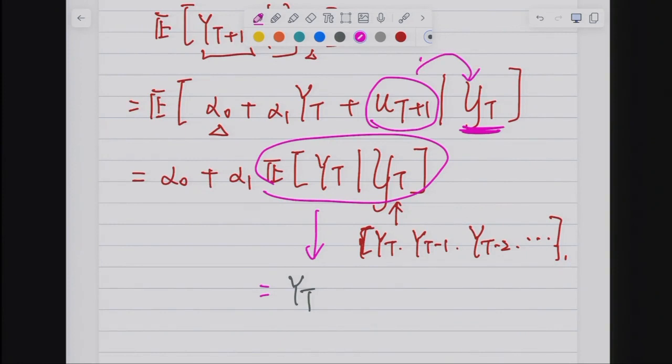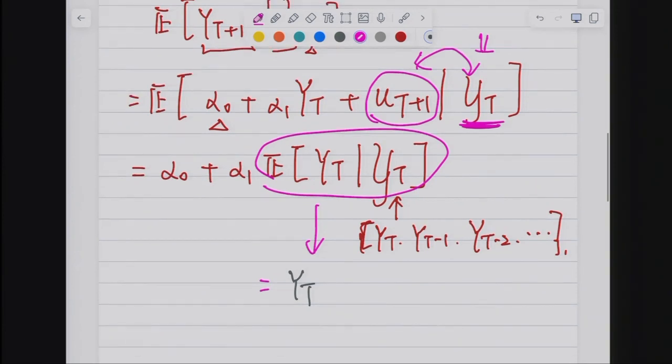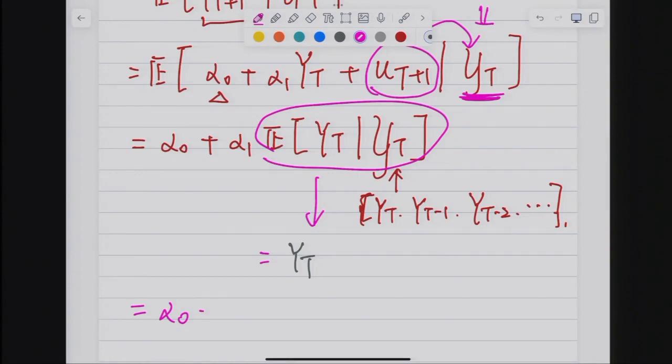They are independent, so the conditional expectation is just 0, which is why our optimal one-step ahead forecast emerges as alpha naught plus alpha 1 times the last observation in the sample.